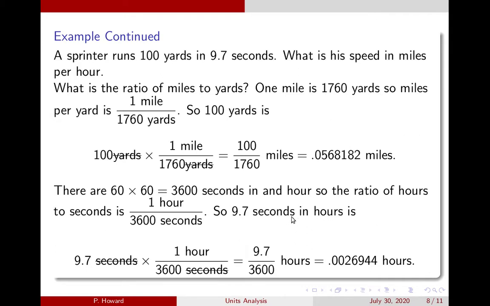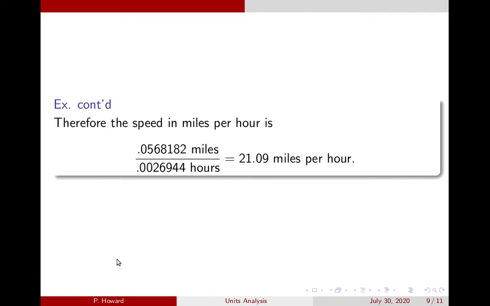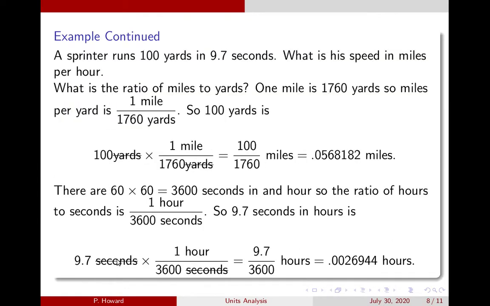So converting 9.7 seconds to hours, we multiply the seconds by hours per second. The seconds cancel, and we get a final answer in hours, 9.7 divided by 3,600 hours. Or in decimal form, 0.0026944 hours.